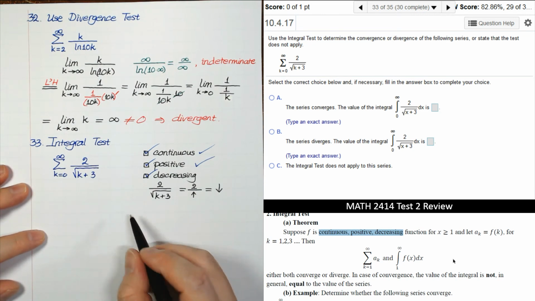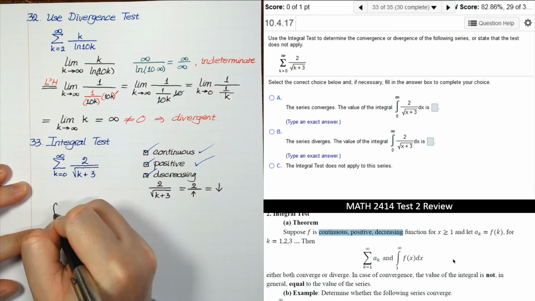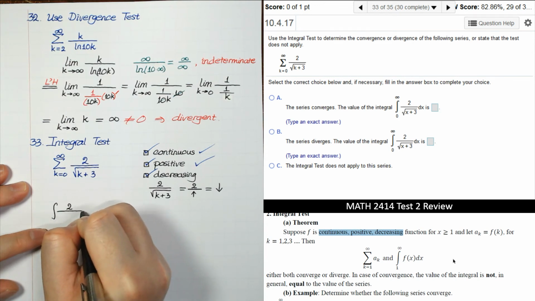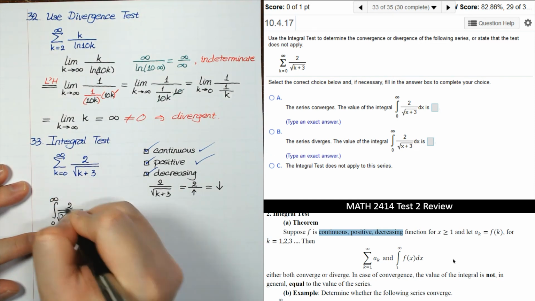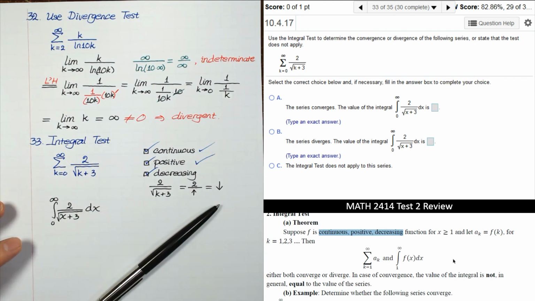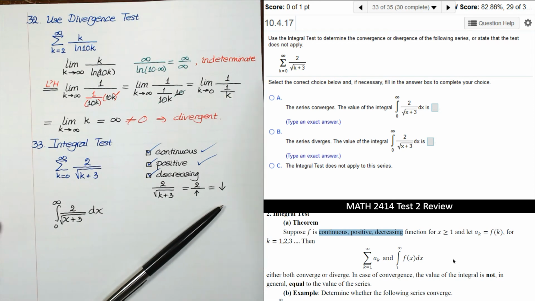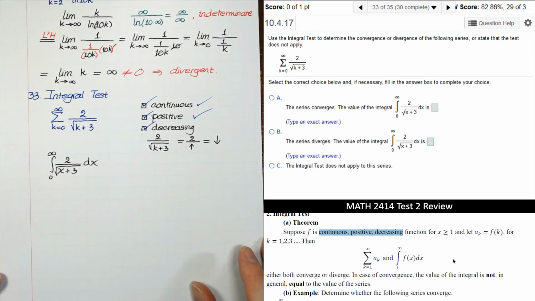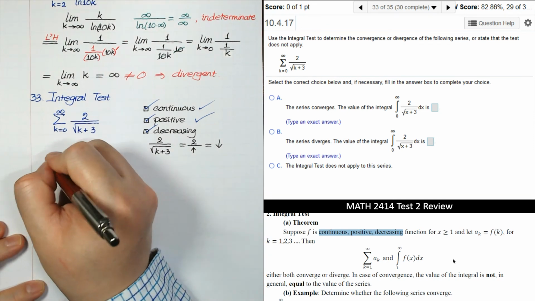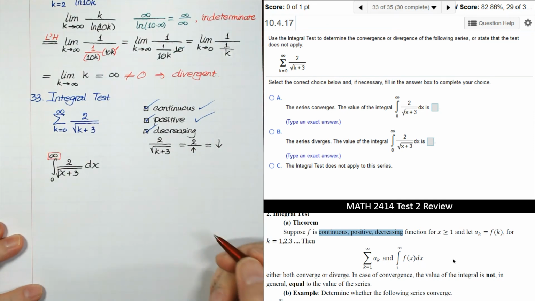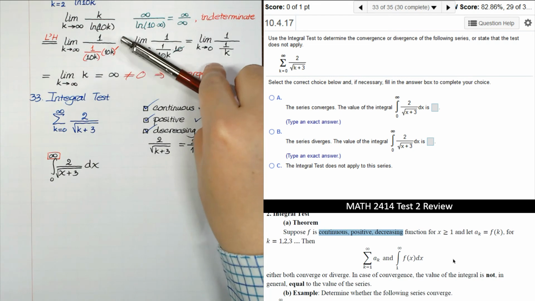So in terms of the integral, instead of doing this, we just integrate. Let's use x instead of k. And we go from 0 to infinity dx. Oh, in the note it said 1. It doesn't matter. Right, just integrate. Improper integral, section 8.9. So there's infinity here, so make a substitution.